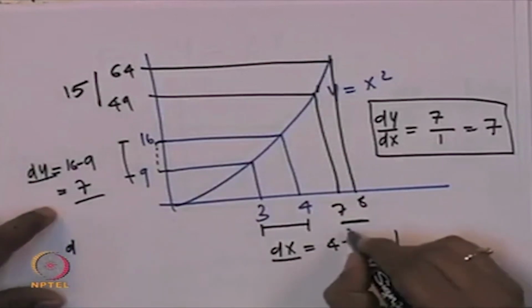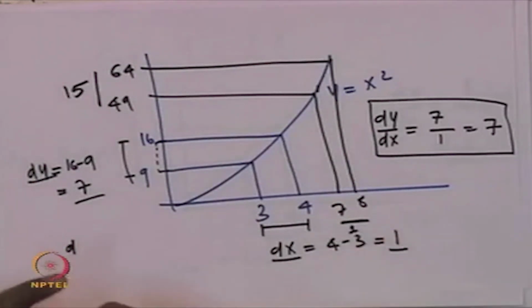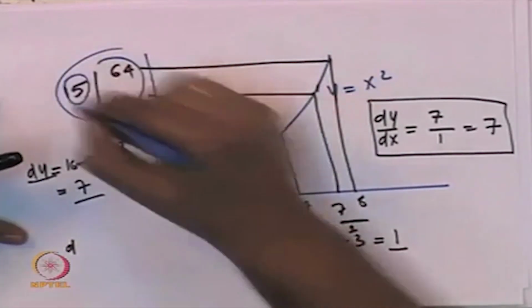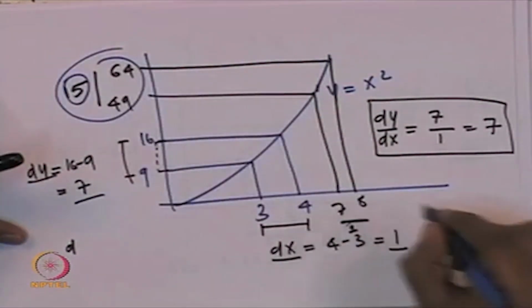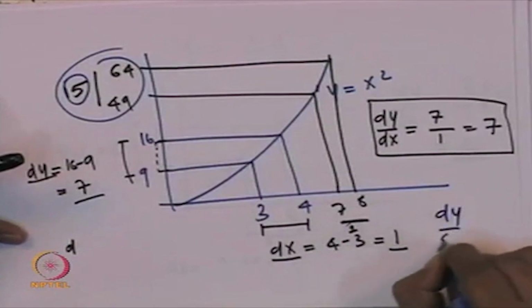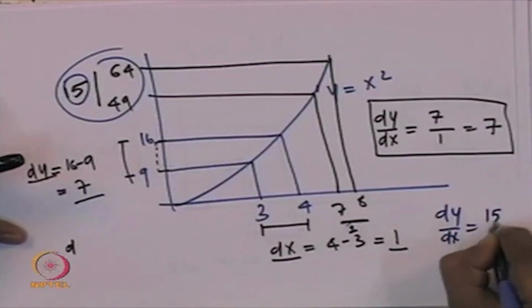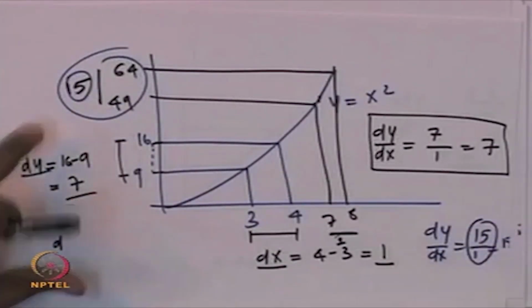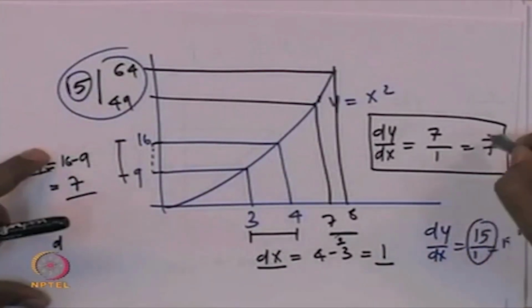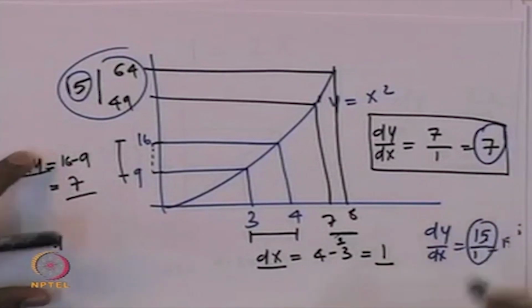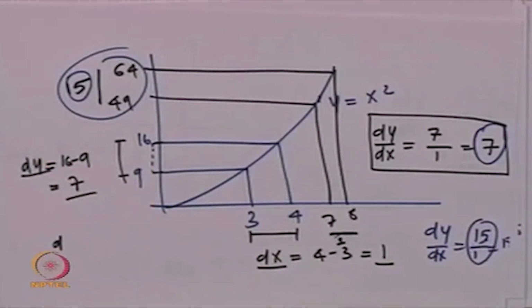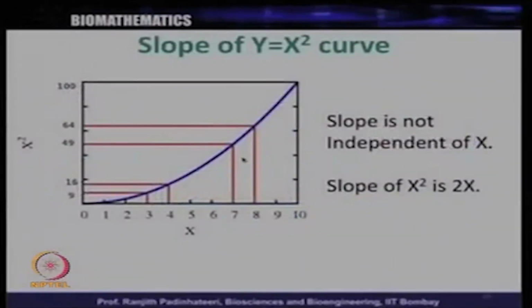The dy by dx is 15 by 1, which is 15. So you got 7 in the previous case and 15 here. Depending on the x value wherever you calculate, we got different answers.